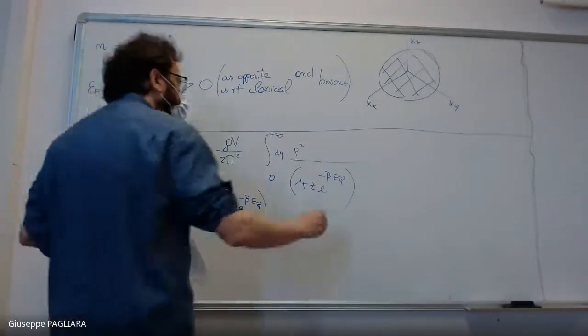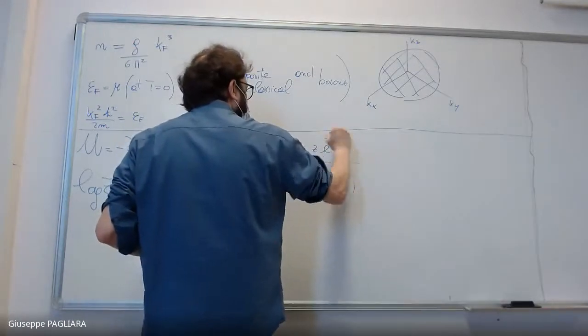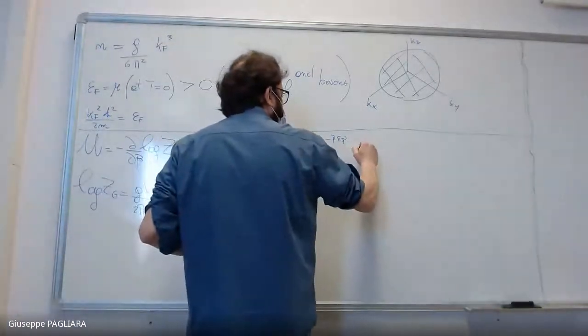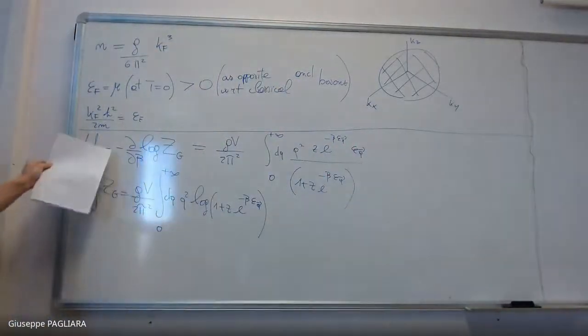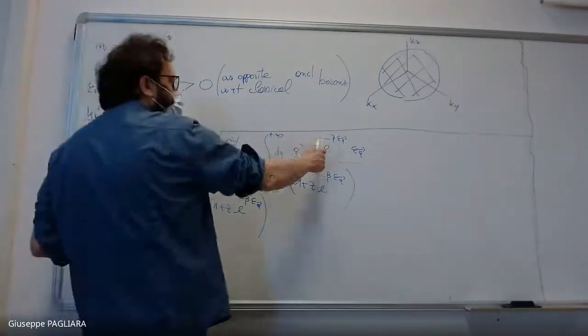So then I should have here z exponential of minus beta epsilon q, and then minus epsilon q, which becomes plus epsilon q, considering the fact that I have a minus sign in front. Okay, and basically that's it. Now I need to multiply by z to the minus 1 and e to the beta epsilon q.